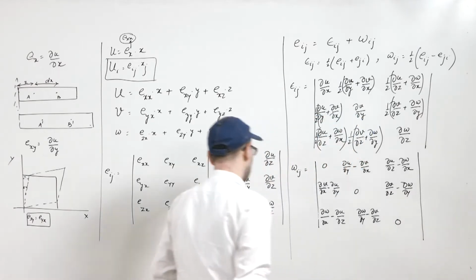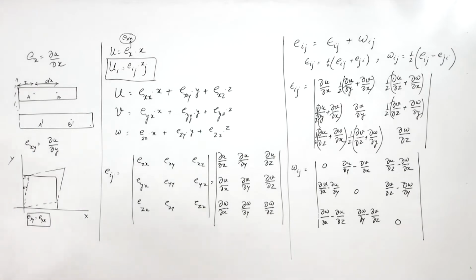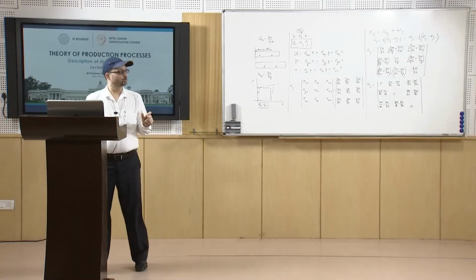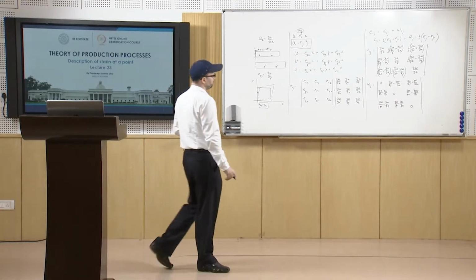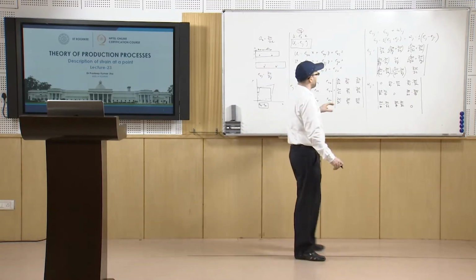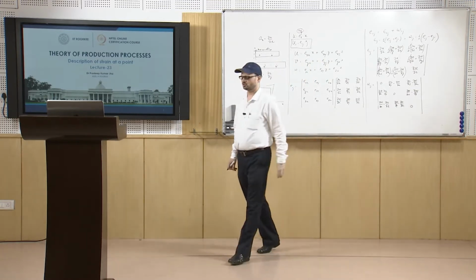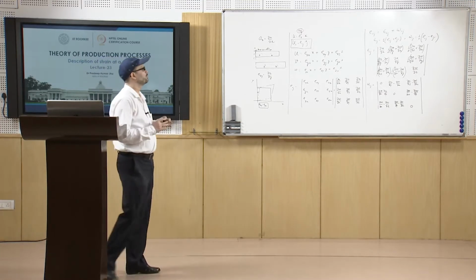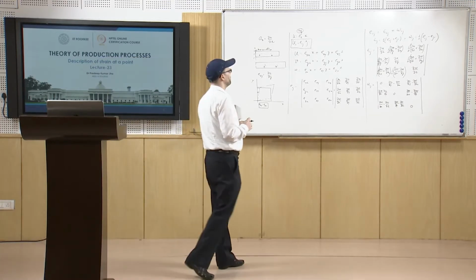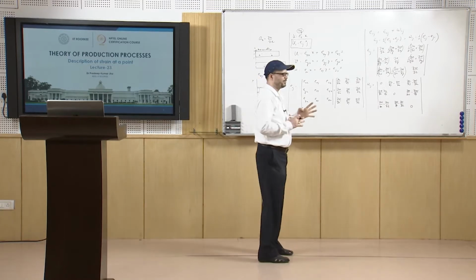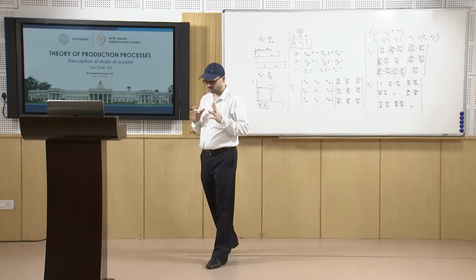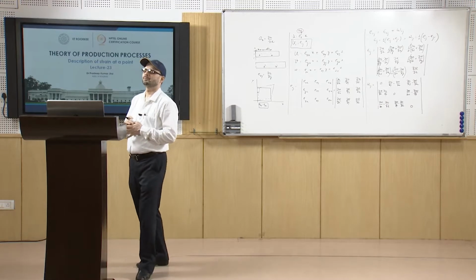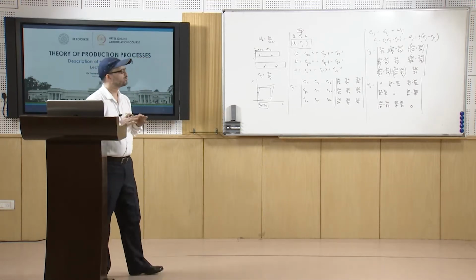So this way you get the two components, and this component, this omega ij, is basically talking about the rotational component, ∂u/∂y minus ∂v/∂x. So if it is 0, then you have basically the irrotational deformation.